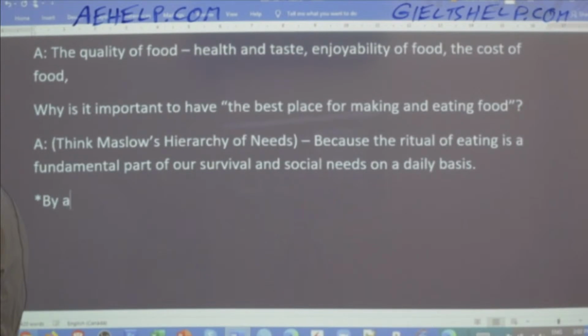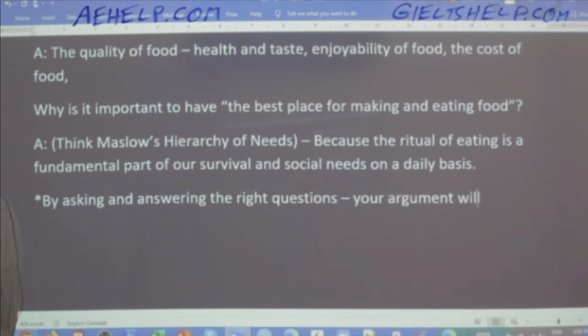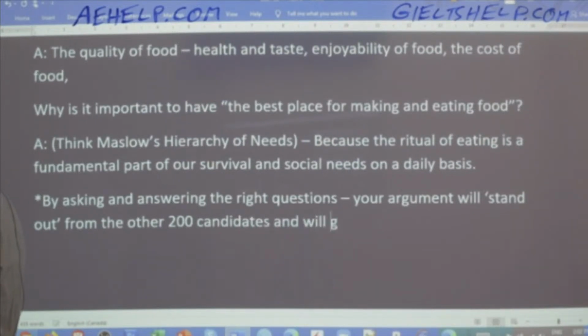So by asking and answering the right questions, your argument will stand out from the other 200 candidates and will give you a chance at the highest band scores.